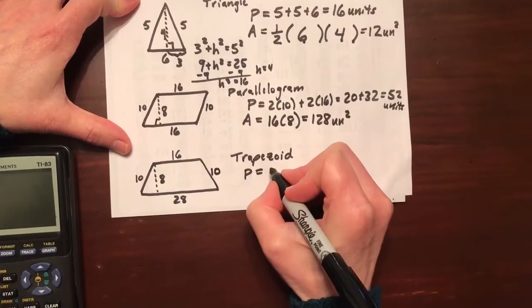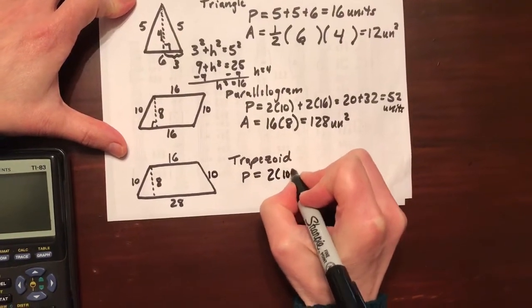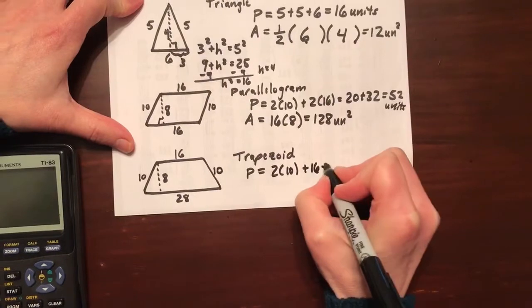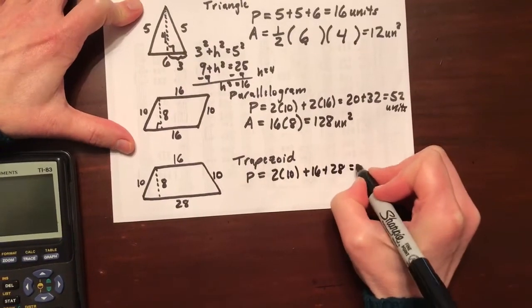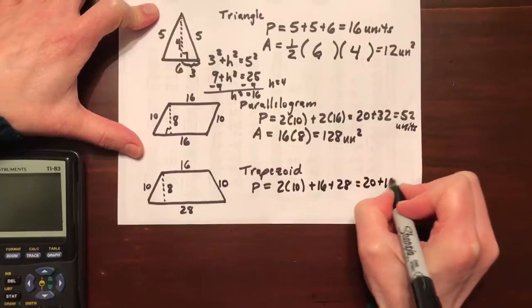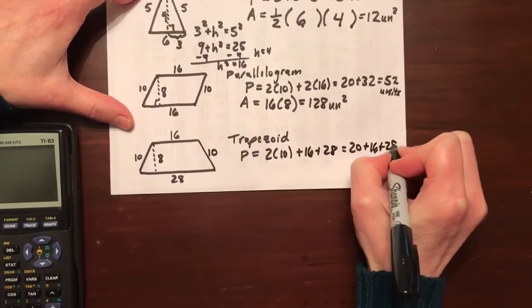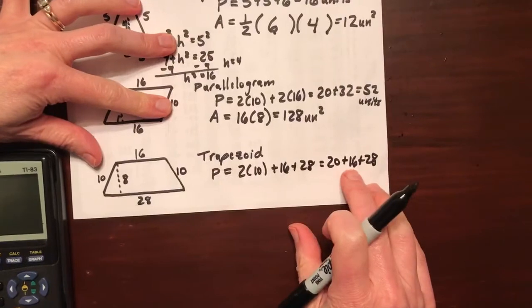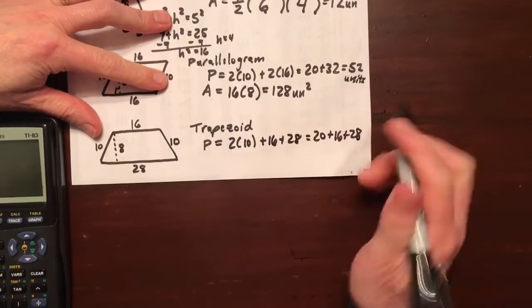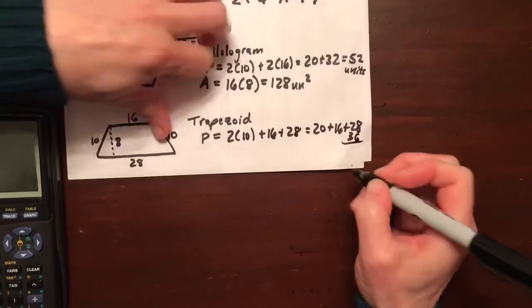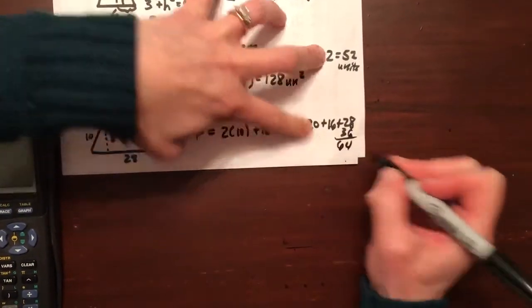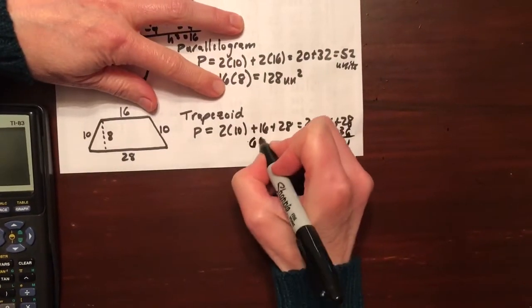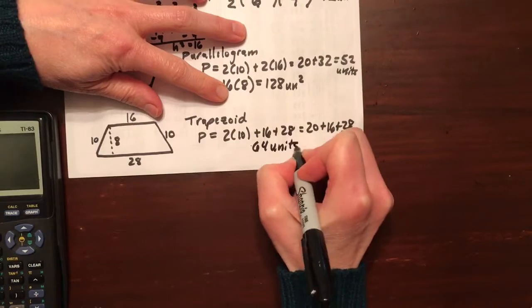And so I would add 2 10s and a 16 and a 28 together. So 20 plus 16 plus 28. And that would be, let's see, 36 plus 28 would be 64. So my perimeter is 64 units.